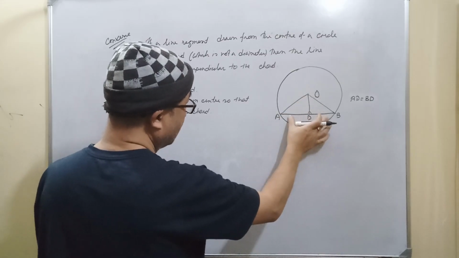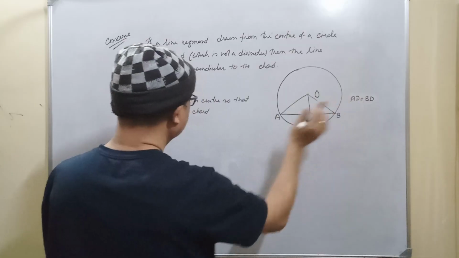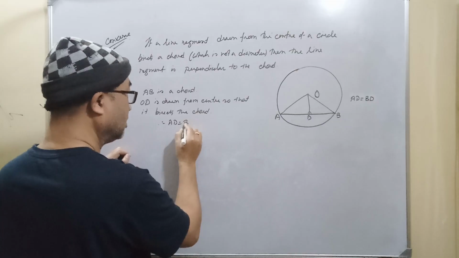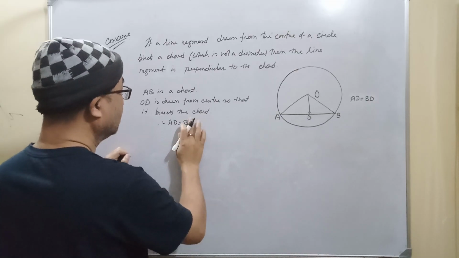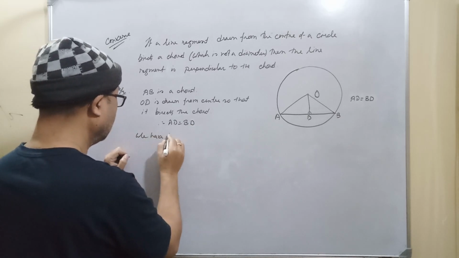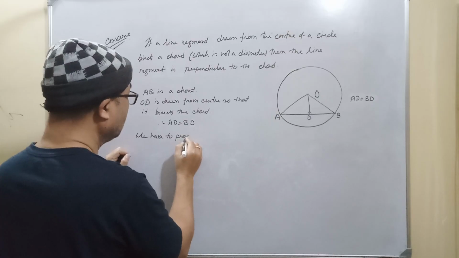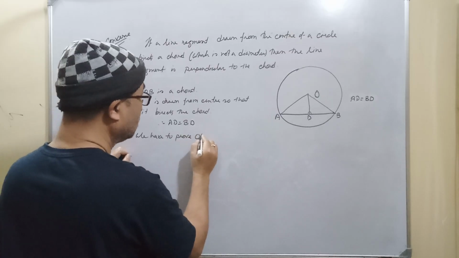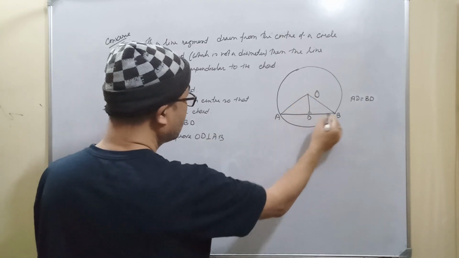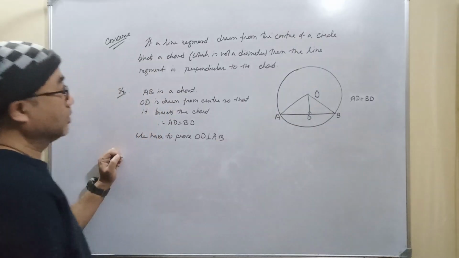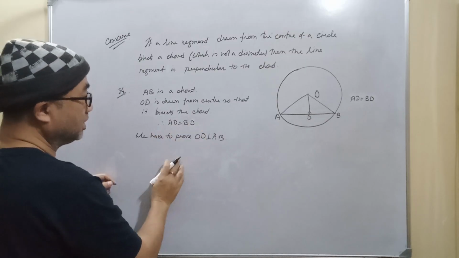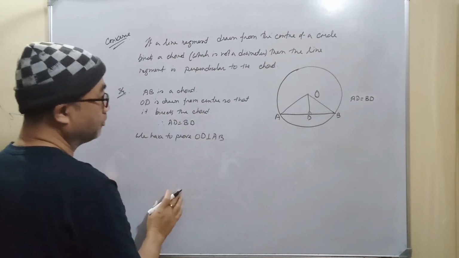OD bisects AB. AD is equal to BD. We have to prove what? OD is perpendicular on AB. Okay. So we already got this one. AD is equal to BD. It is given because it bisects the chord.